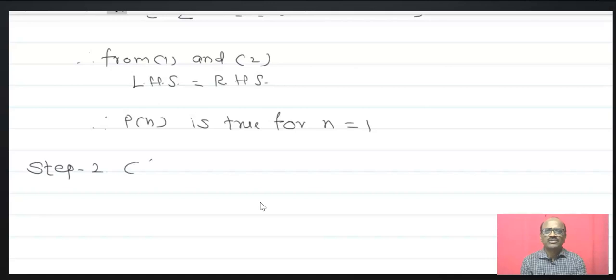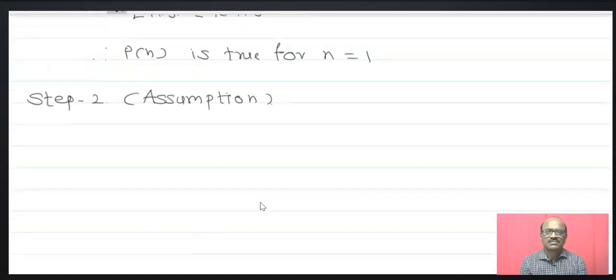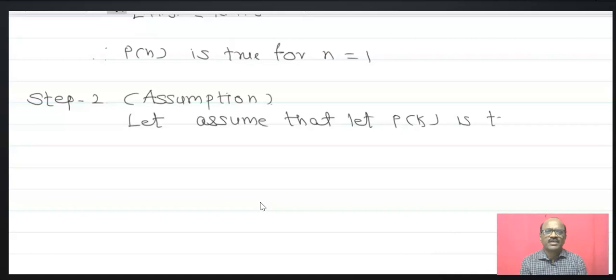Now the step number 2, which is the assumption. Let us assume that P of k is true.